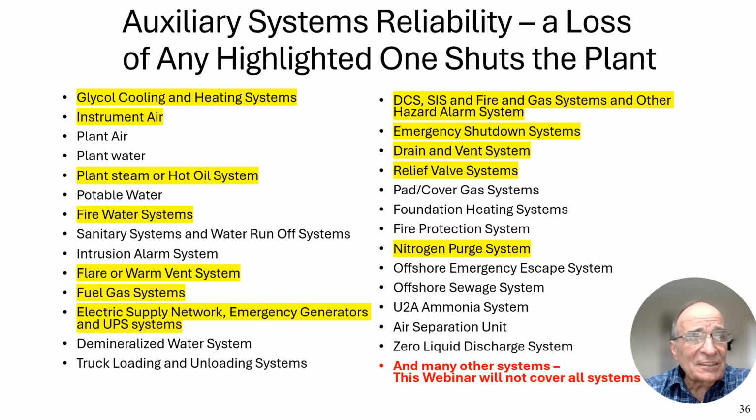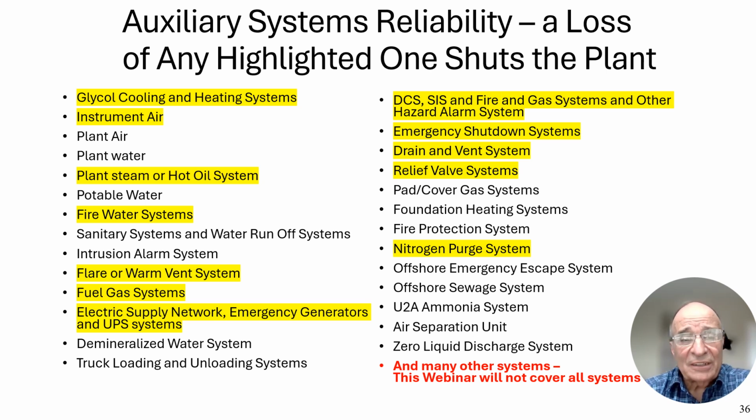So what we've done in this course is review auxiliary systems. We did not cover every auxiliary system, but we covered the ones that I consider to be key to most plants. And you can see that the auxiliary systems play an important role in maintaining the LNG plant safe and reliable.